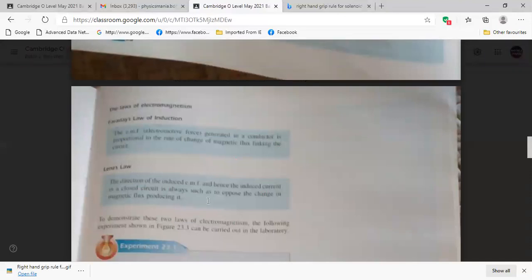So we are getting the induced current due to the magnet's movement, isn't it? Yes, sir. Now that induced current is producing an electromagnet in the solenoid, which is opposing the movement of the magnet, isn't it?